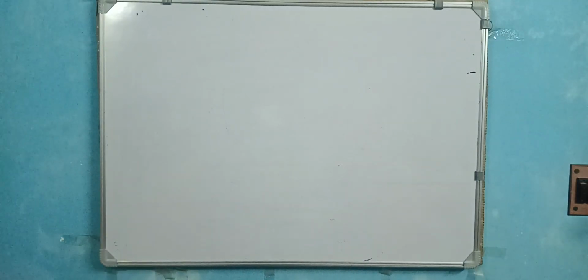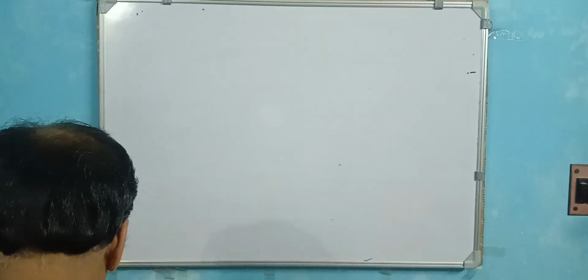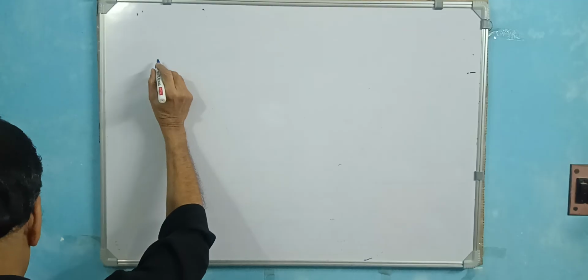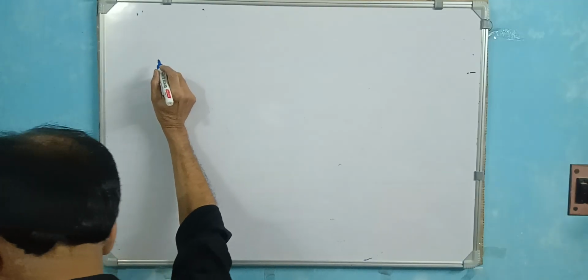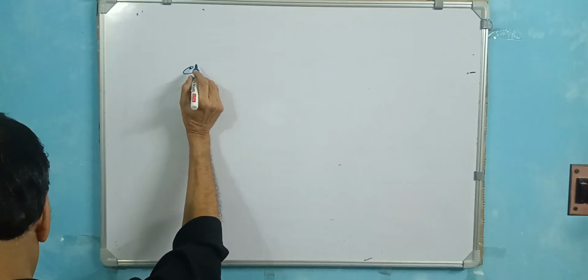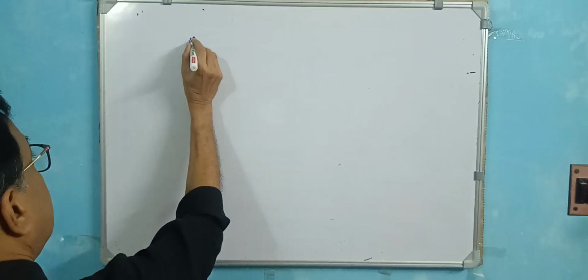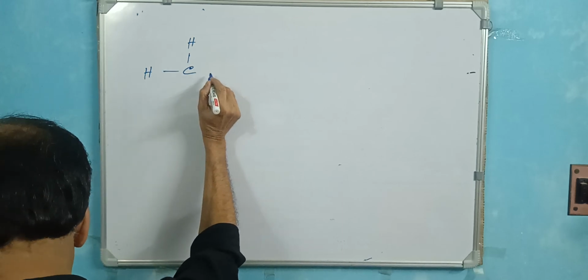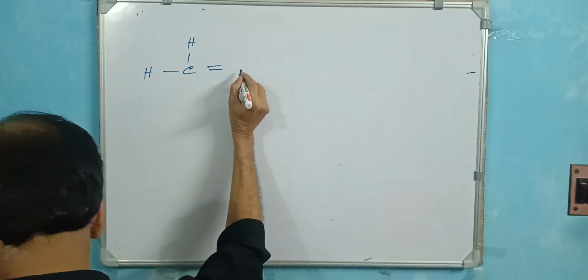Suppose this is C, this is H, this is H. This is a double bond.